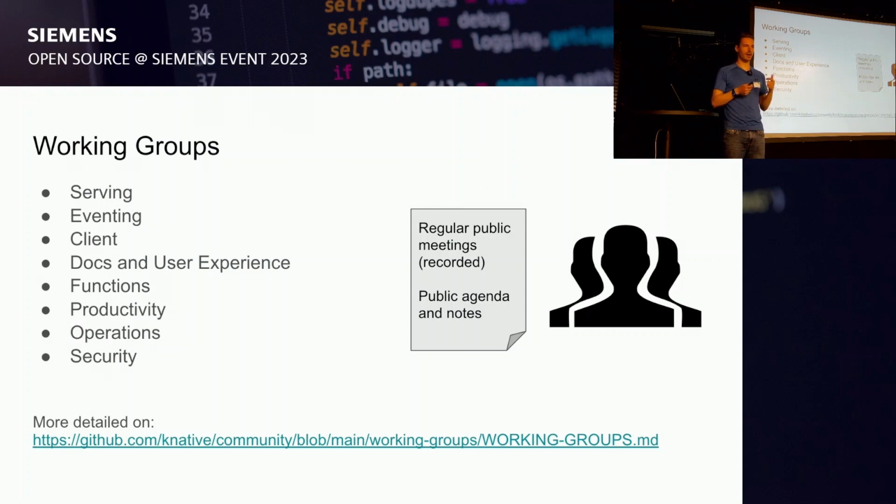As you can imagine, we have working groups for the serving and the eventing and stuff like that, but we also have stuff like productivity, operation, security, which take care of these specific areas. They have weekly or bi-weekly meetings that are recorded and have public notes, and anyone can join. So it's open. All the users, all the contributors can join, ask questions, and collaborate there.